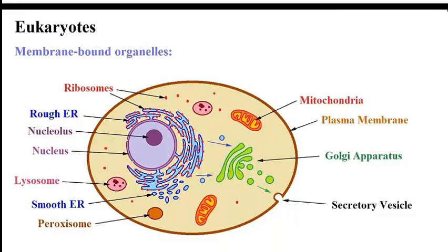Here I have provided you a summary of all the different structures that you can find inside a eukaryotic cell. And so as you can see, there are so many structures here that have membrane. Like for instance, the lysosome has a membrane, the peroxisome has a membrane, the mitochondria has a double membrane, the nucleus has a double membrane.